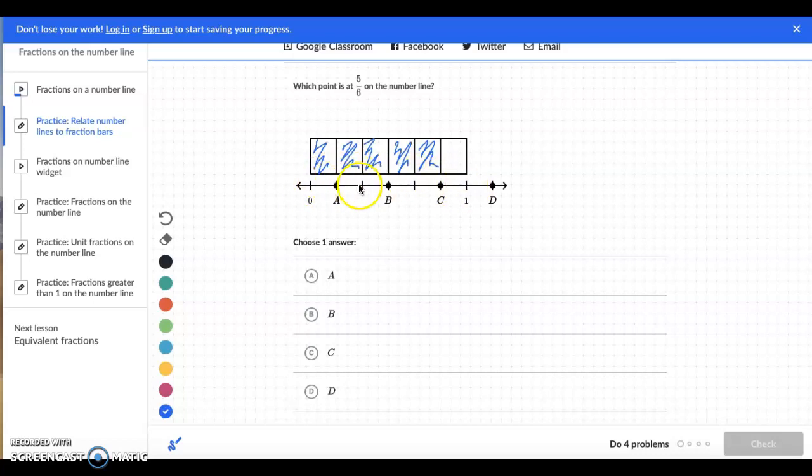We should have 1, 2, 3, 4, 5, 6 spaces, but we should also, after 1 to 2, have 1, 2, 3, 4, 5, 6 spaces, and so on and so forth. Because we don't just stop with fractions between 0 and 1. We can keep going 1 to 2, 2 to 3, and so on. But if we're working with 6, then we have 6 spaces. So if I line up my 5th space, C is my answer on the number line. So the answer is C.